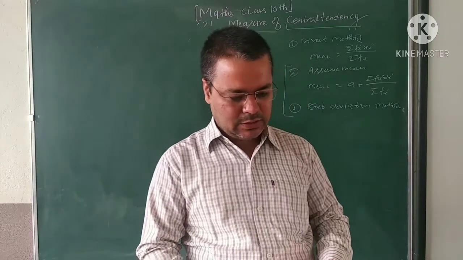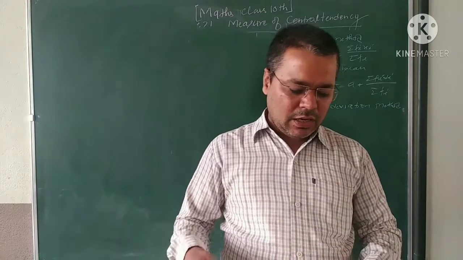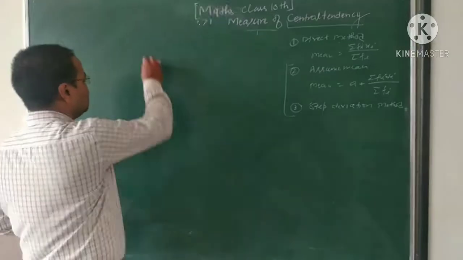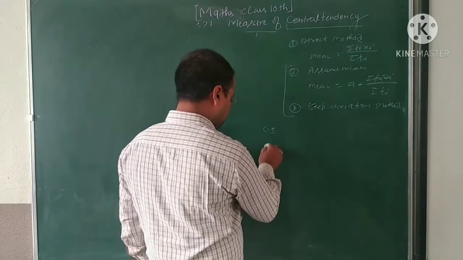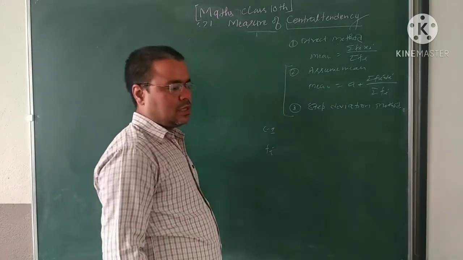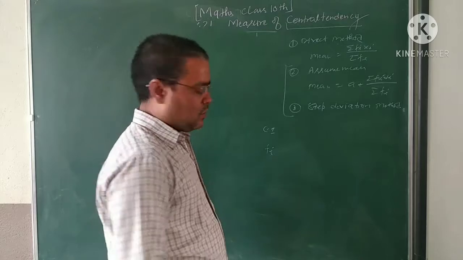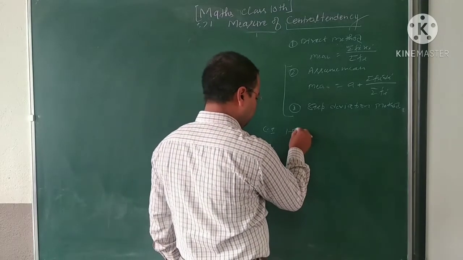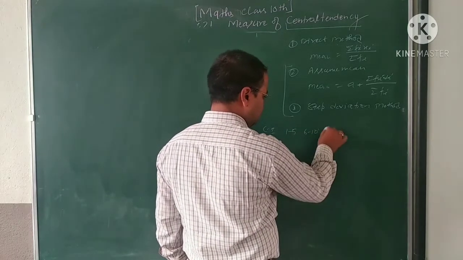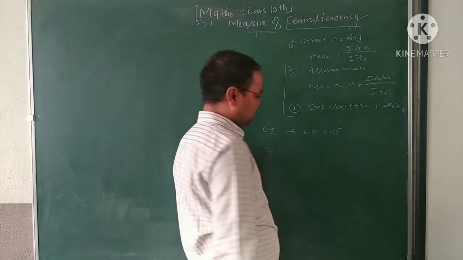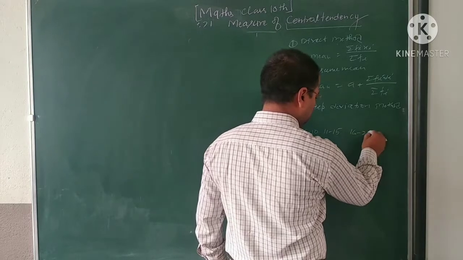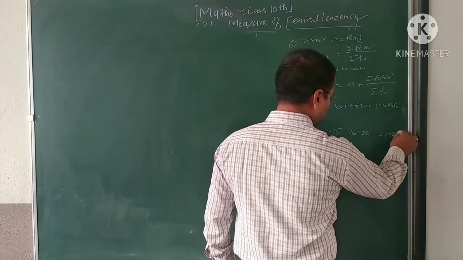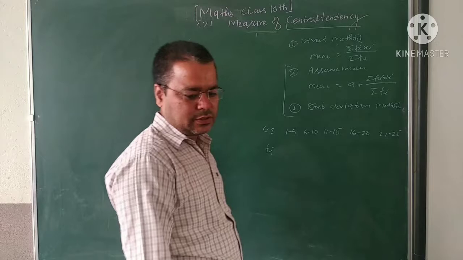Let a class interval be given, and its corresponding frequency. The class intervals are 1 to 5, 6 to 10, 11 to 15, 16 to 20, and 21 to 25.